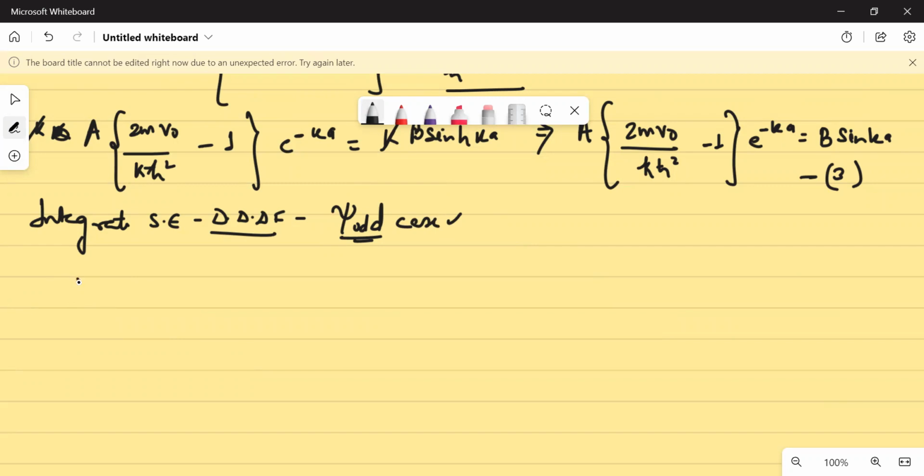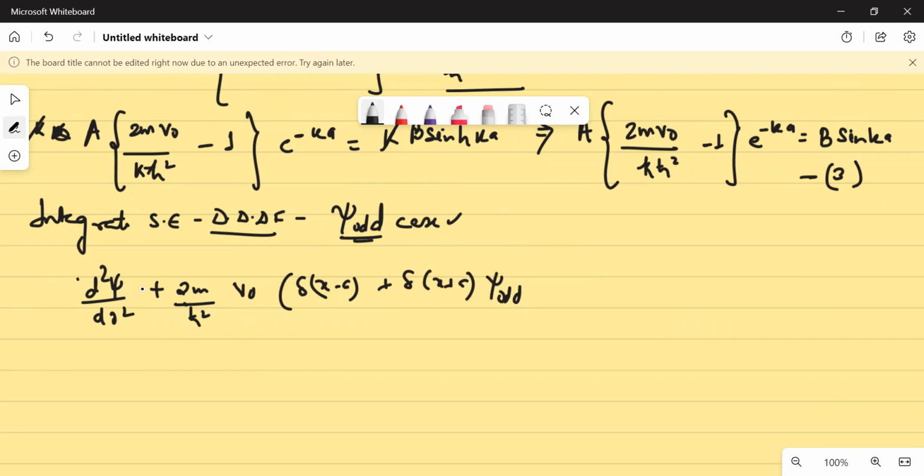I think it would be d square psi upon dx square, again the same thing, plus 2m upon h cut squared, you have this V naught, you have Dirac of x minus a, then Dirac of x plus a. Instead of all these things, we are now using psi odd. So here it will be psi odd, and then there will be some E psi odd.